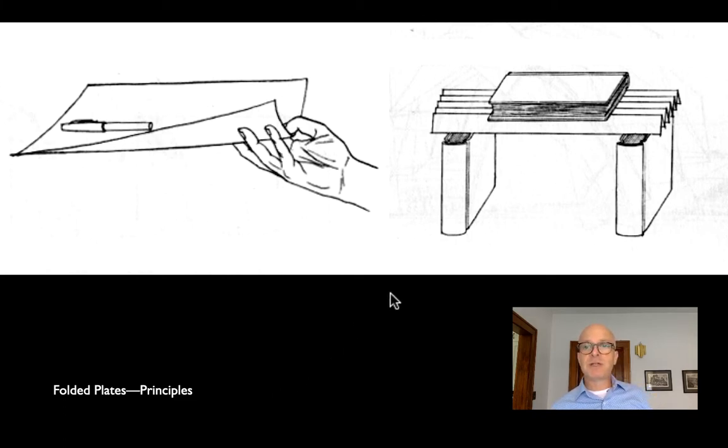And when we do this, what's happening again is that we're putting some of that paper into tension now. This is a simply supported beam, so tension is going to be on the bottom. And we have an area at the top that's going to go into compression.